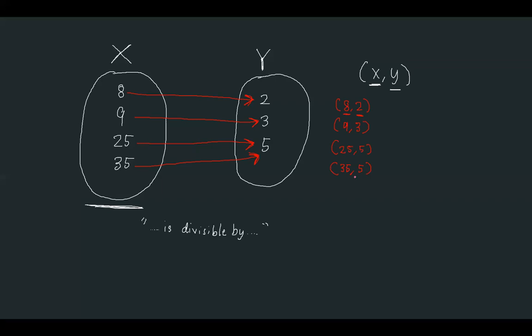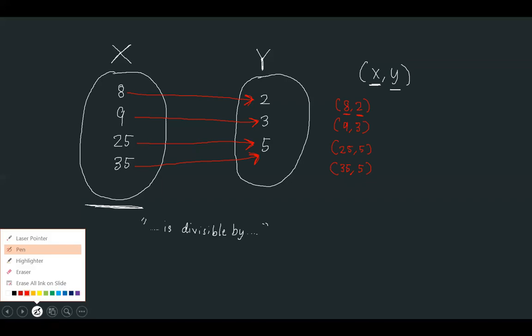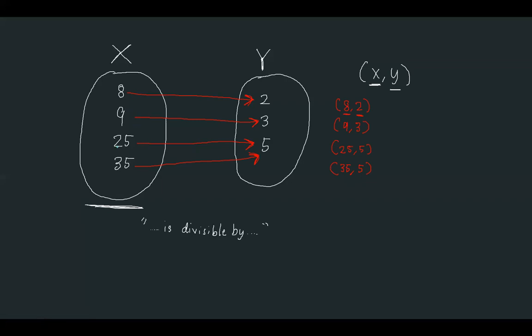So you see, the numbers from set X are the ones who are matching, while the numbers in set Y are matched by the numbers in set X. The numbers from set X are 8, 9, 25, and 35.